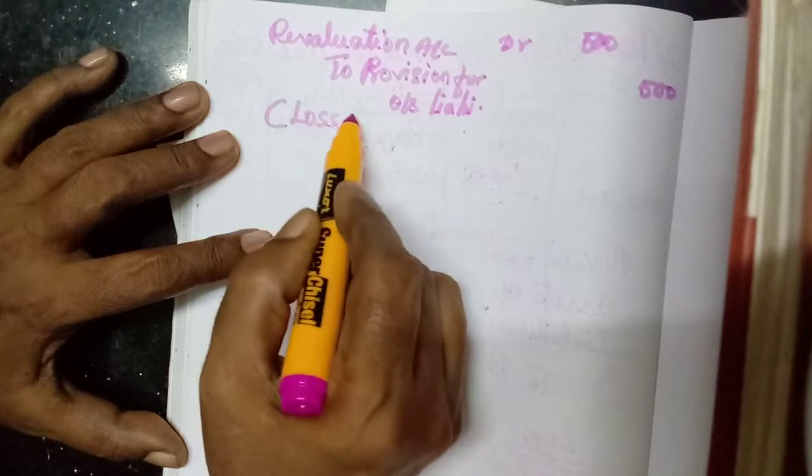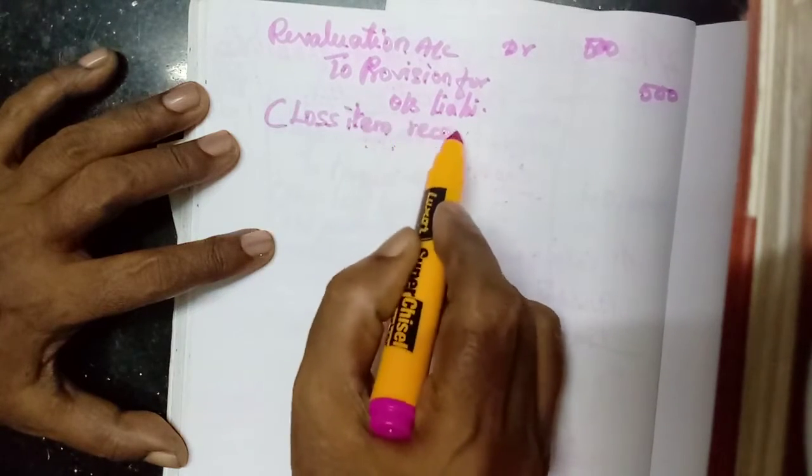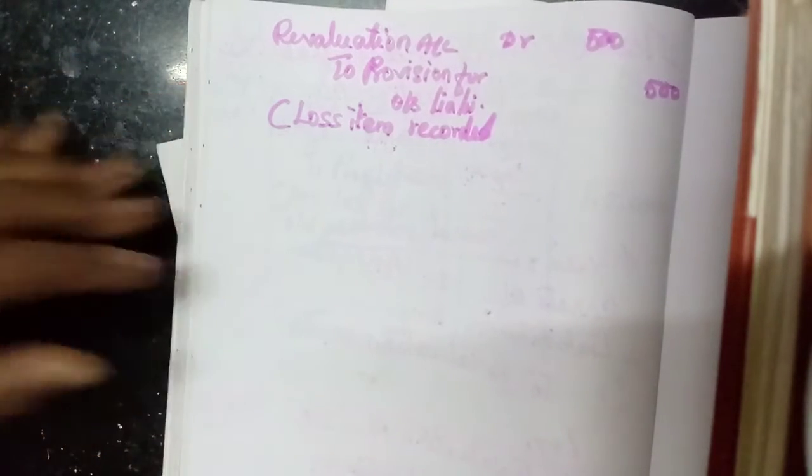Loss item recorded. You have to leave some space for writing the revaluation profit or loss. Now we have to use both the pages and prepare the account.